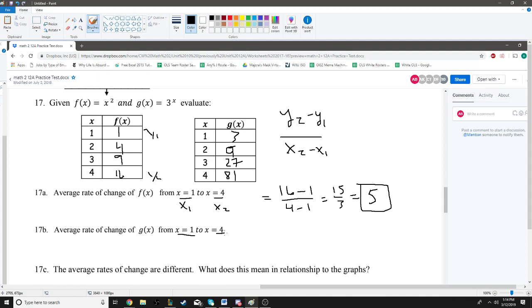For this, you're going to do the same thing. You've got x1, x2, but now your y1 and your y2 are different. So it's 81 minus 3 all over 4 minus 1, which comes out to 78 divided by 3 for a grand total of 26.